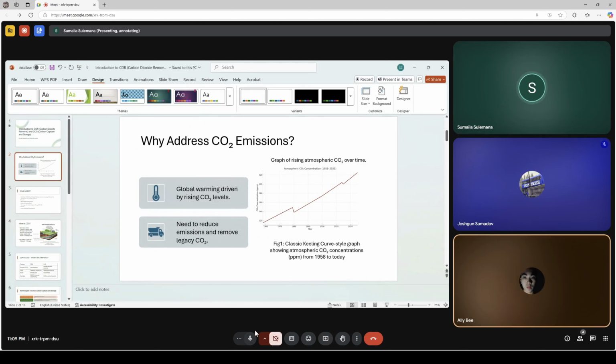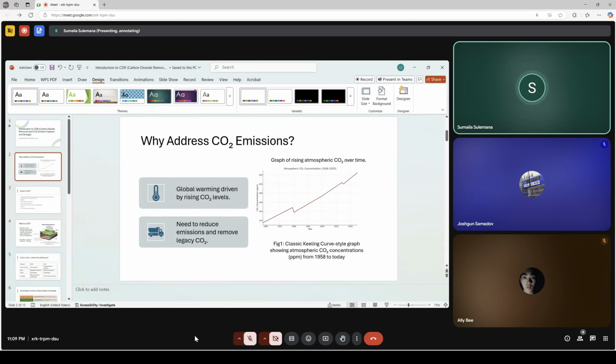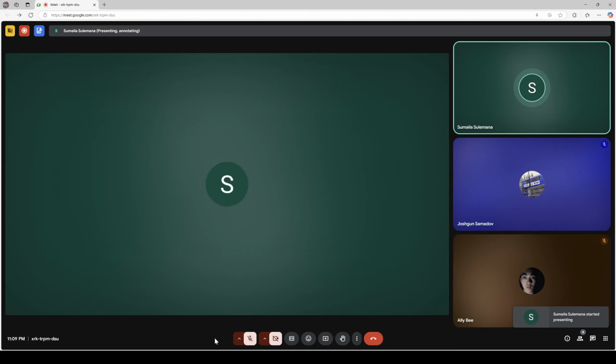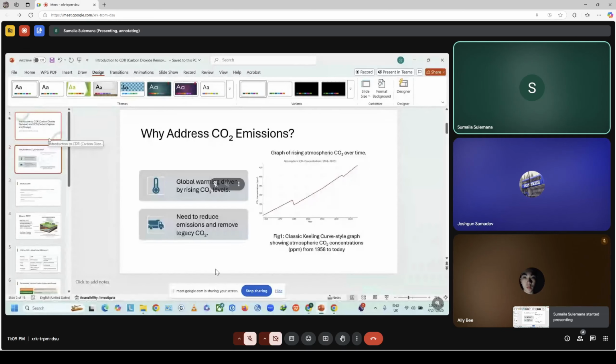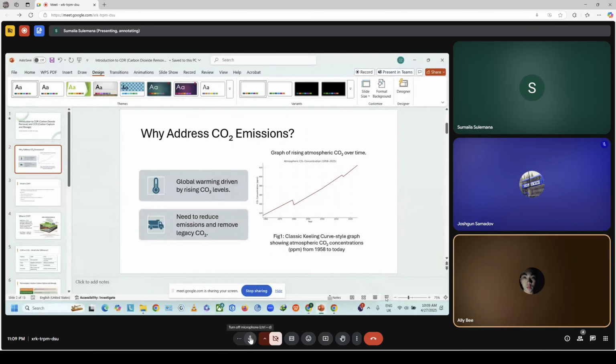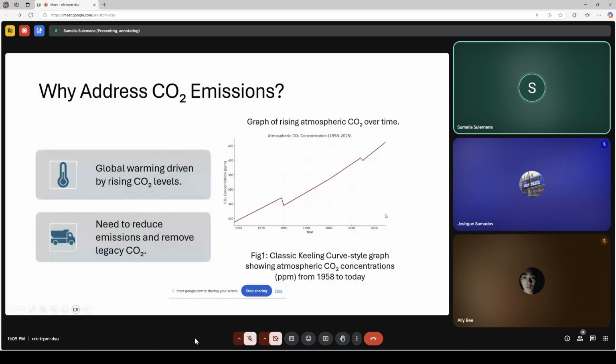Should I start or should I continue? Yeah, you can. Let me reshare the screen then. Can you see the screen? Yeah, I can see the screen. Okay, that's good. Thank you for alerting me.